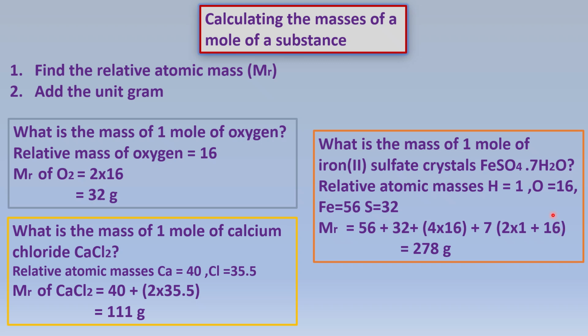So these are 18. First solve for what's between the brackets, then multiply times 7, then add all the numbers together. It becomes 278. So the mass of 1 mole of iron 2 sulfate crystals equals 278 grams.